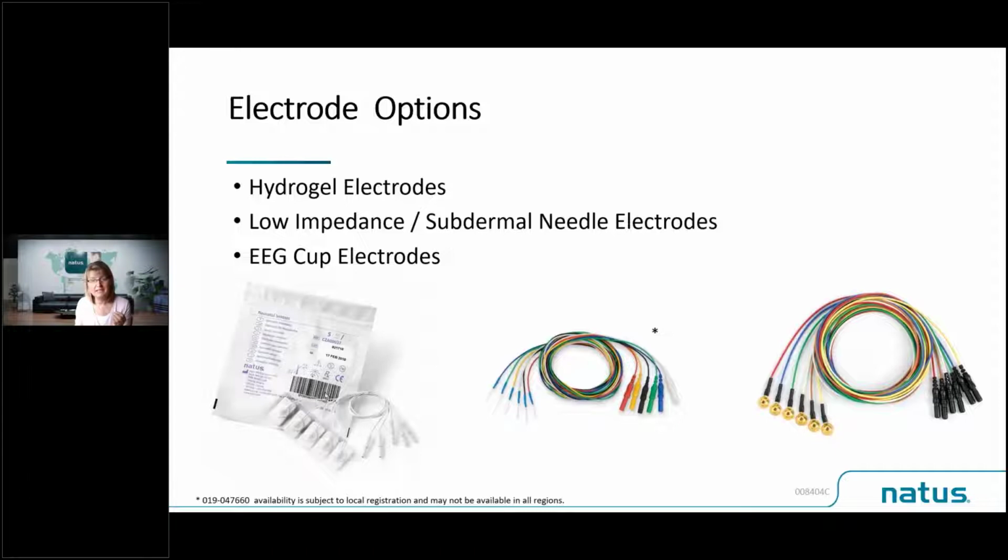We expect the impedance to range anywhere between 5 and 15 kilo ohms with these, but we'll talk through this in a little more detail as we go through. The next option here we have is the low impedance needle electrodes.